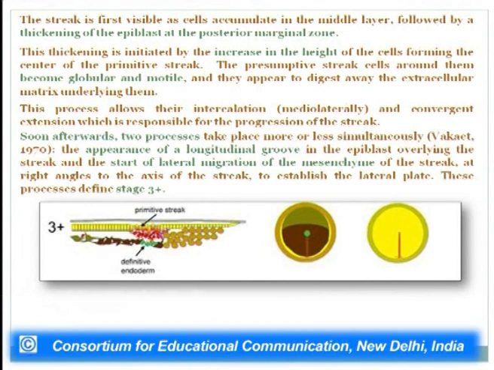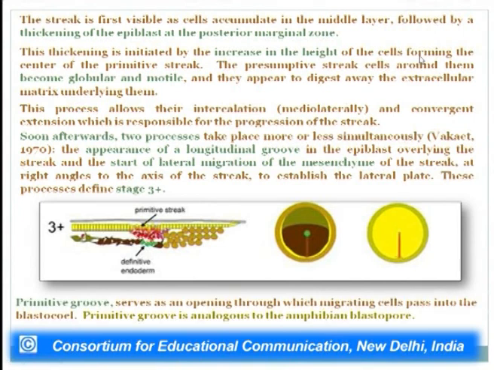The green cells are the endodermal cells which have migrated from the epiblast, going so deep that they are displacing the hypoblast cells from this particular area.